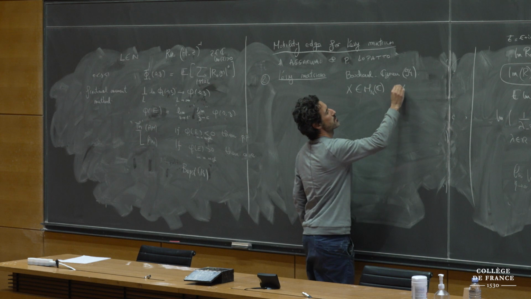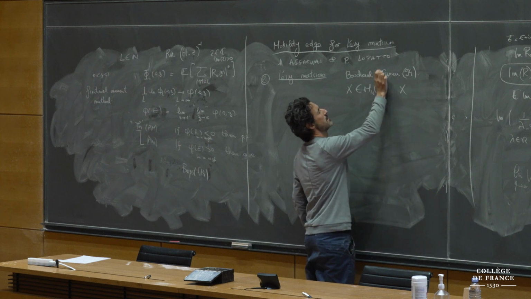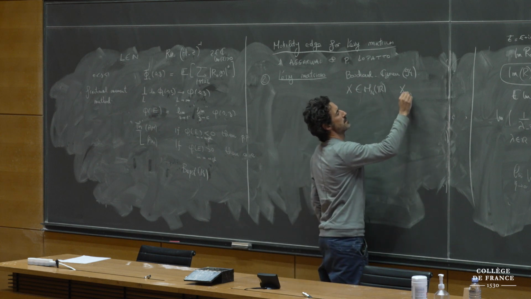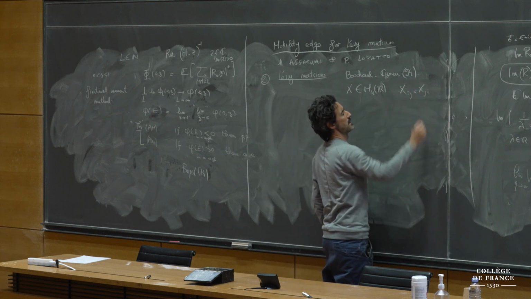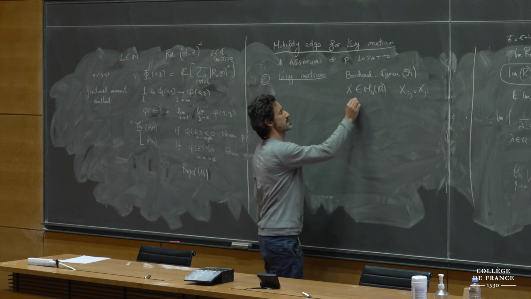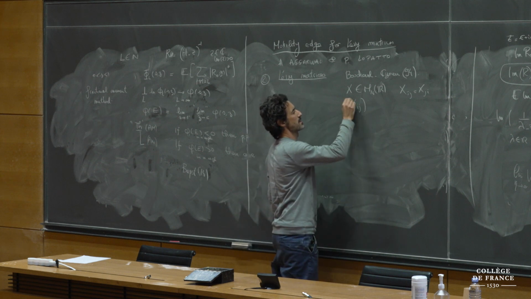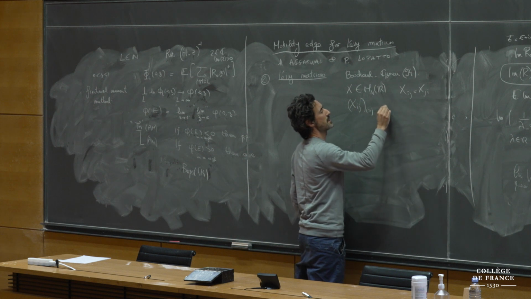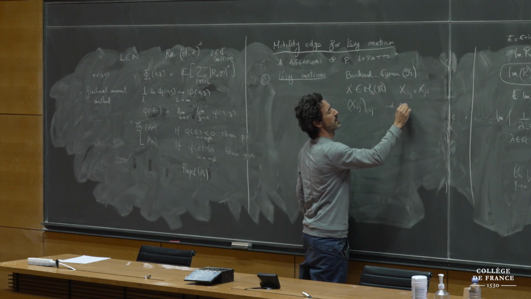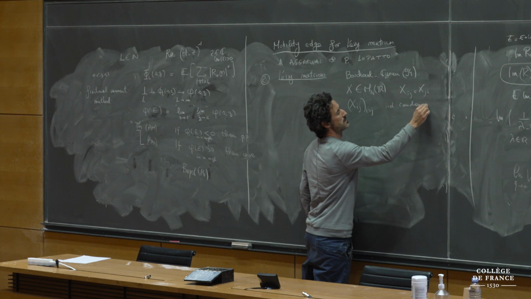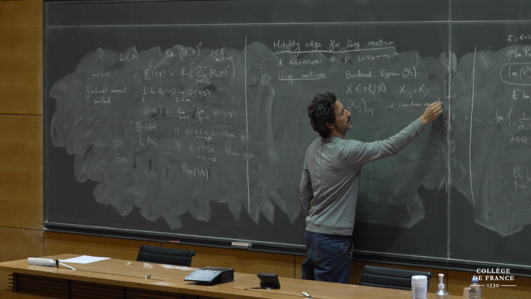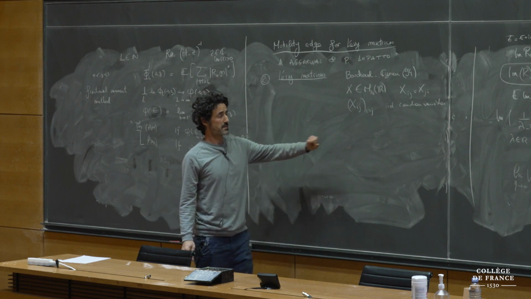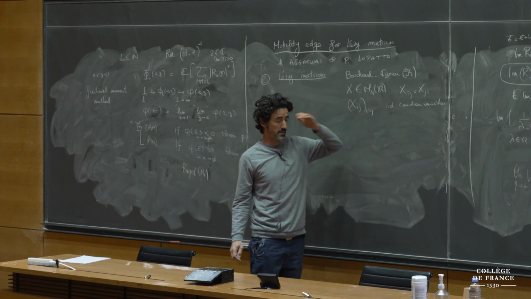You take a symmetric matrix, and you just assume that the X_ij, for i larger than j, are just IID random variables, so independent and identically distributed, which are in the domain of attraction of an alpha-stable law.